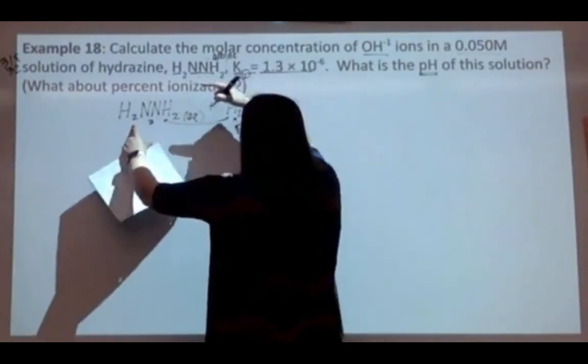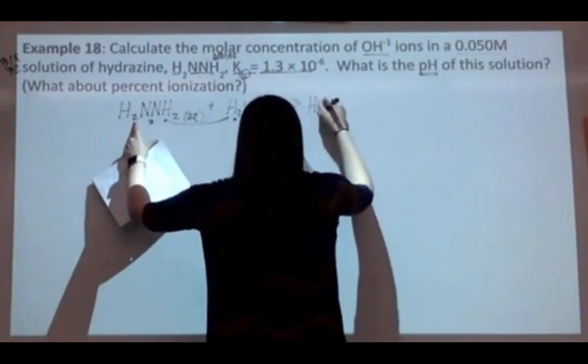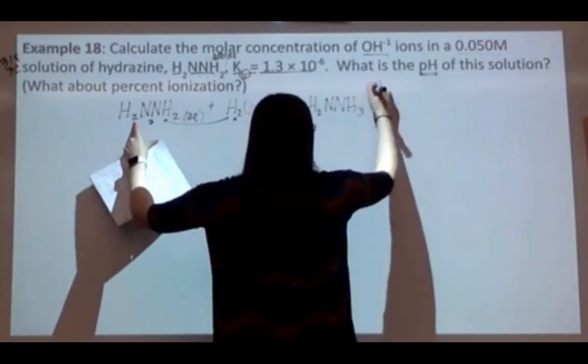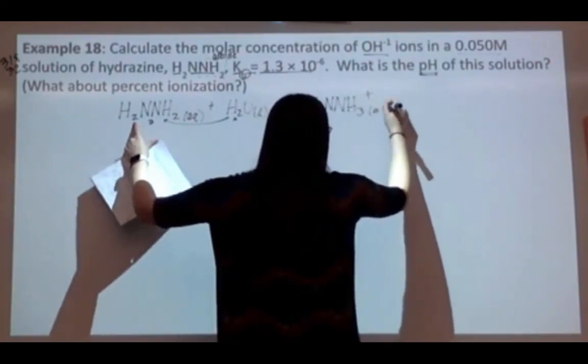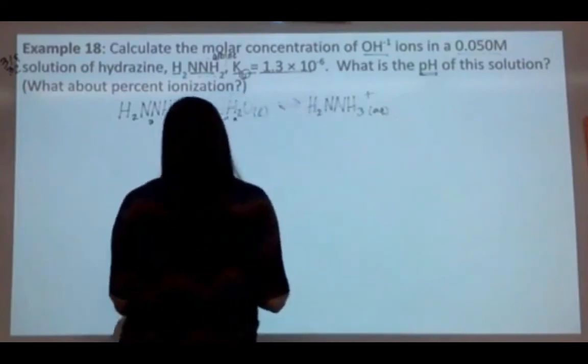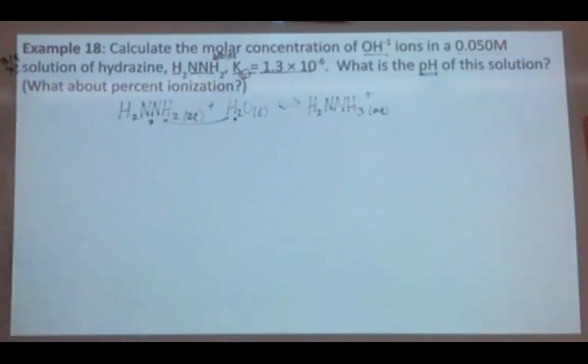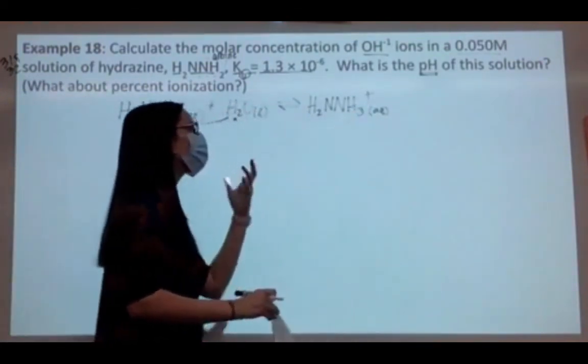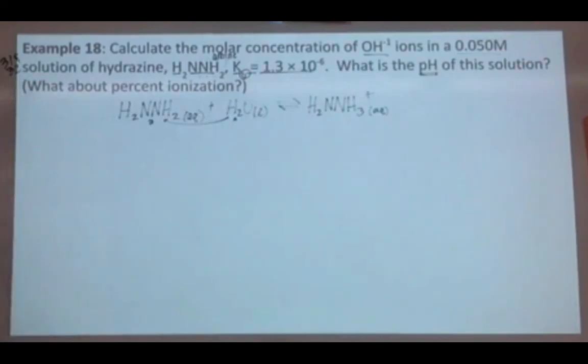Once hydrazine accepts a proton, it's going to become H2N NH3 plus. Now, if you did H3N NH2 plus, I would accept it. Mastering, if you're doing a question like that, gets a little finicky because it wants you to put the plus right next to where the positive charge is.